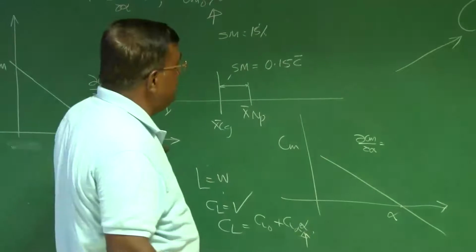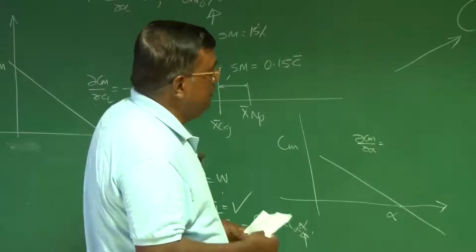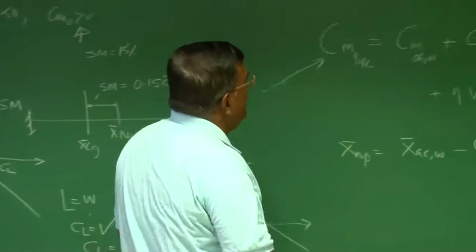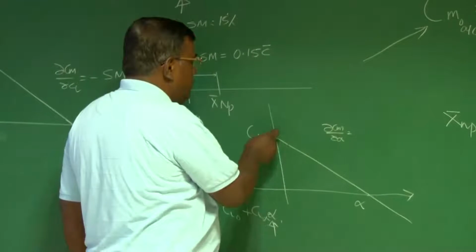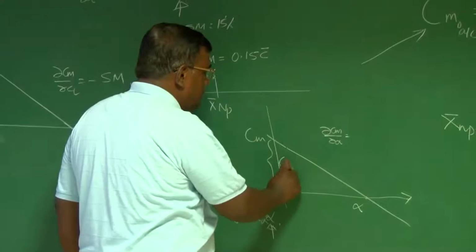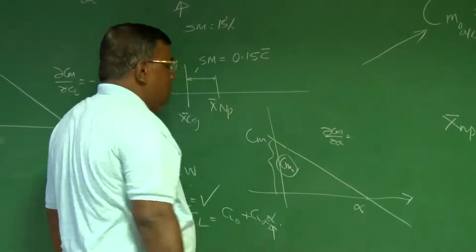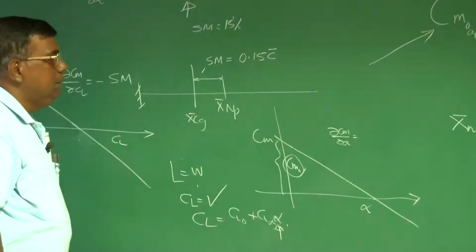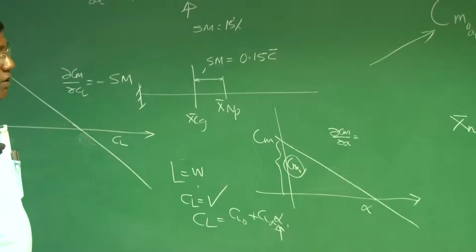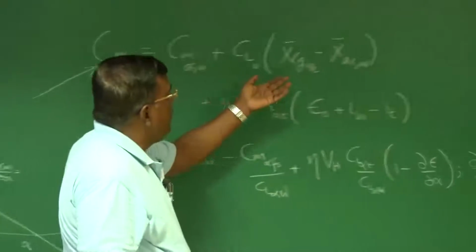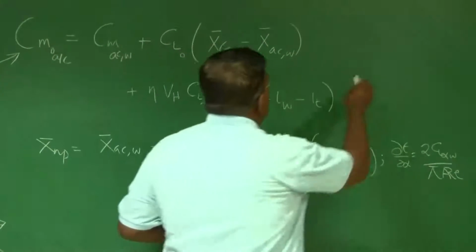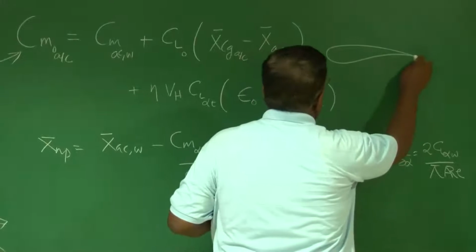I translate this to Cm versus alpha. And now I see that I need to have a particular value of Cm naught here, which needs to be generated through either the wing.